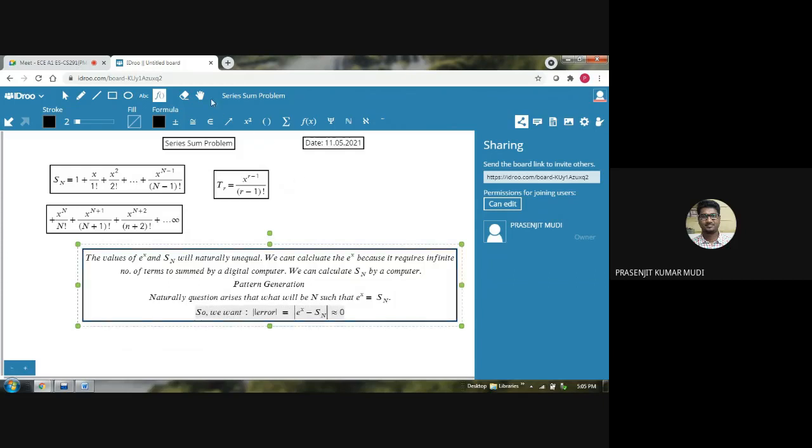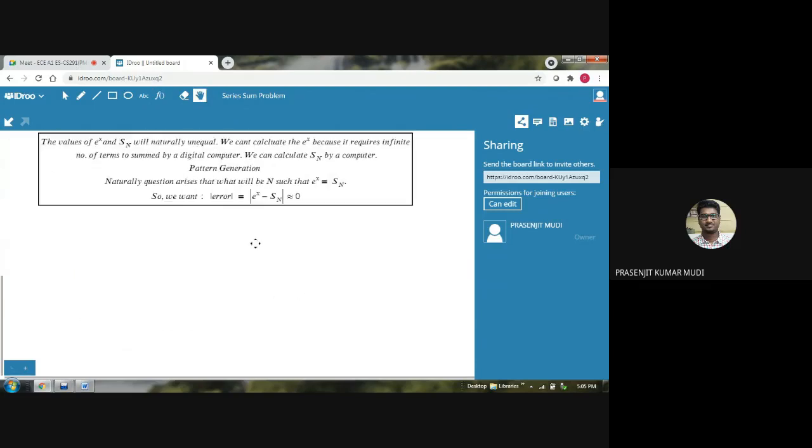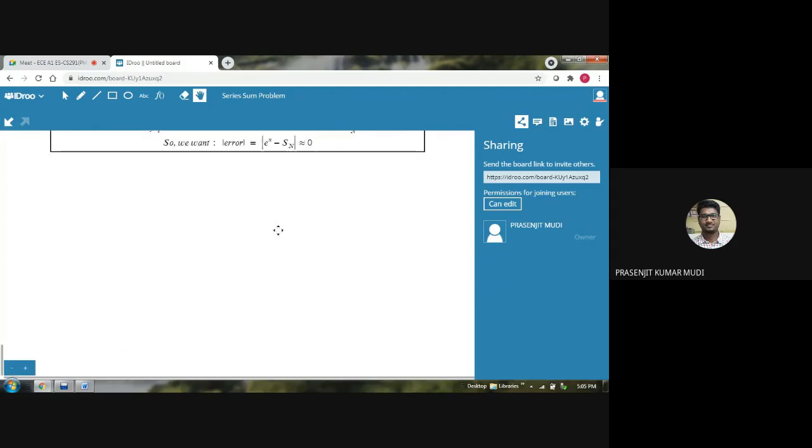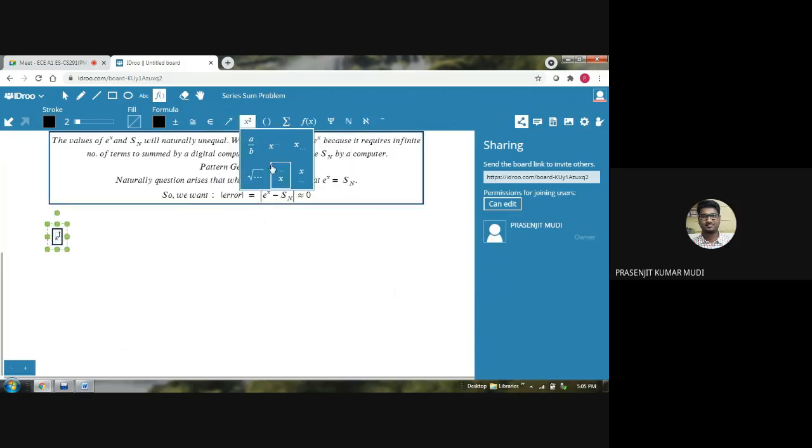Okay, now let us try to understand this fact with the help of an example. Let's say the value of x, x equal to 2 we are taking.